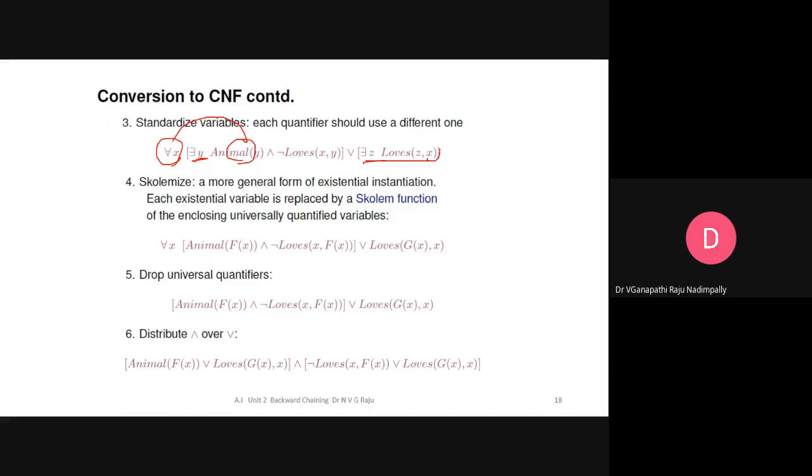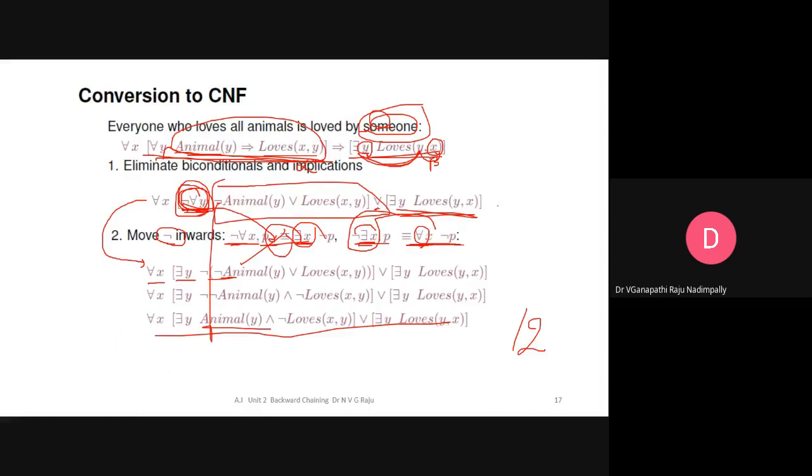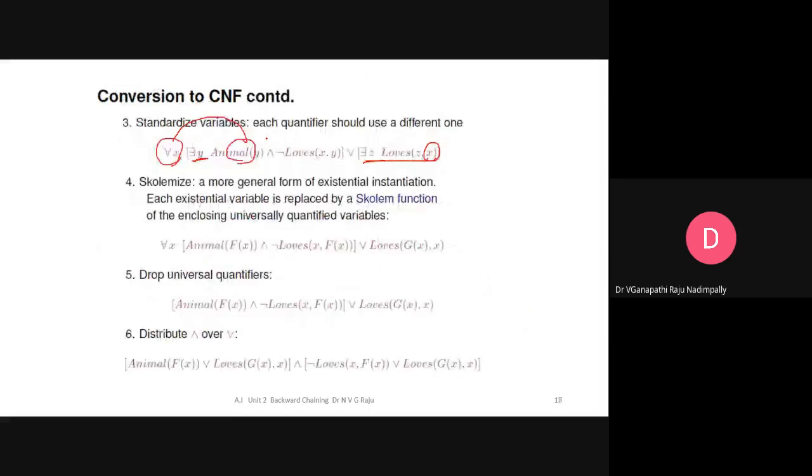The people, those who love animals. All people who love animals are loved by someone. Here, this can be called X and this can be called Z. Animal is Y. Yes, now I got it. X is someone who loves these animals, and they will be loved by somebody.